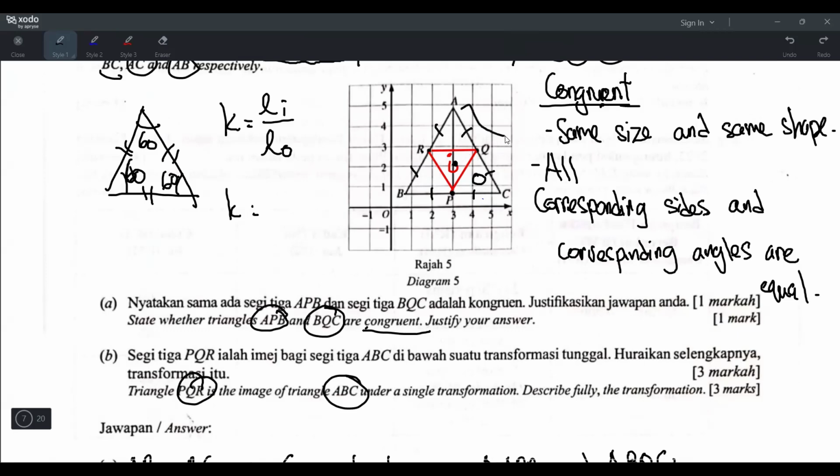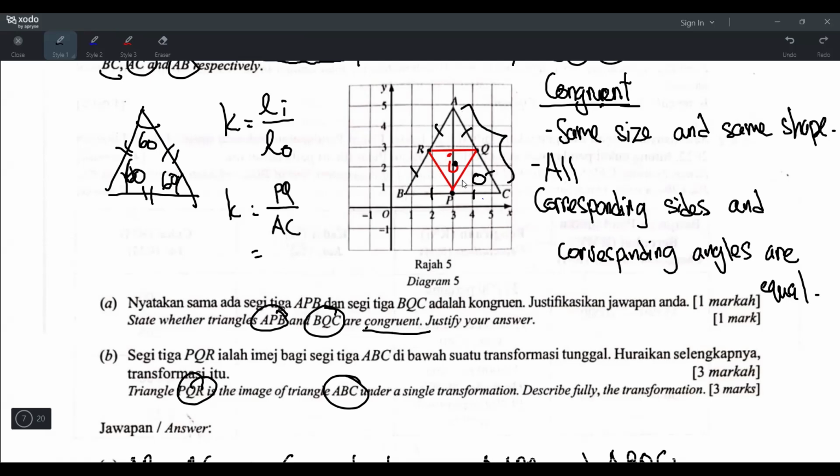I'll find the panjang AC, okay, but the AC have to tulis bawah because this one is the object, right? And what would be the corresponding side? PQ. Understand, right? Because you have to bahagi dengan corresponding side. Okay. So AC, the corresponding side is bahagi dengan PQ lah. Okay.